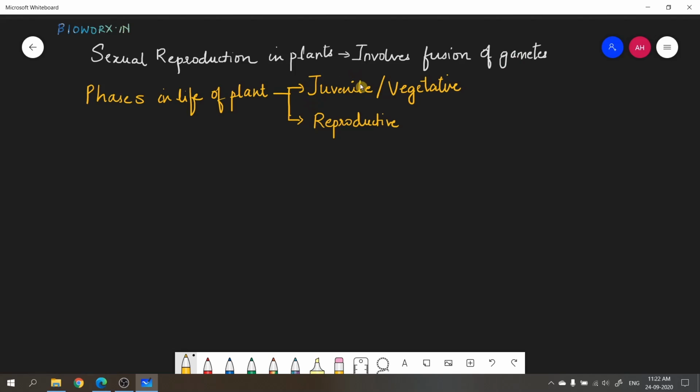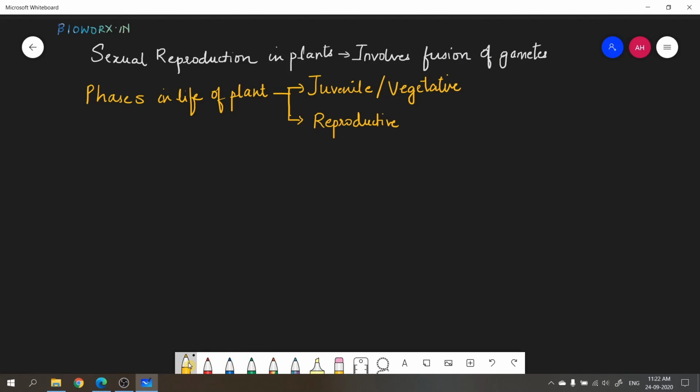So what is the juvenile phase? The juvenile phase is the earlier phase, right from birth up to maturity. When a plant matures, up to that time is the juvenile phase, followed by the reproductive phase, during which fusion of gametes can take place.